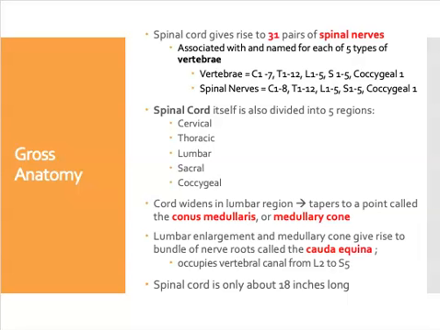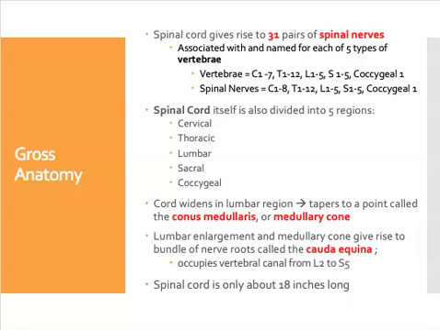The spinal cord gives rise to nerves that come out essentially perpendicular to the cord. There are 31 pairs of these nerves. One comes out on the left side, one comes out on the right side for each of the spinal nerves.